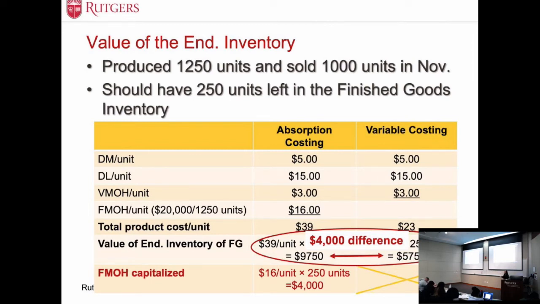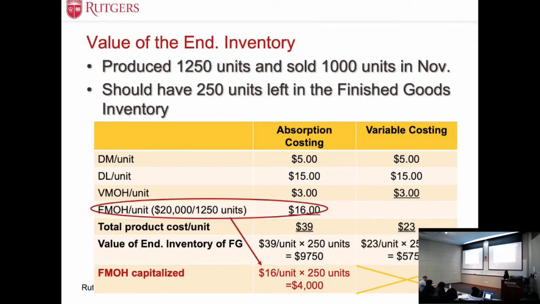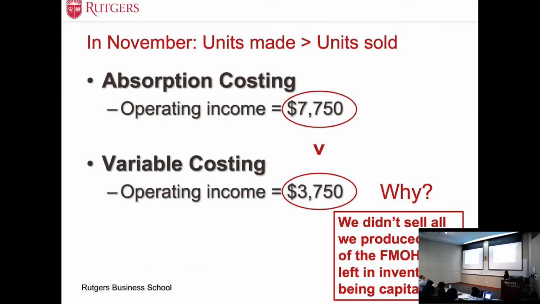Let me repeat: the reason is that we didn't sell as many as we produced, and part of the fixed overhead is left in the ending inventory, being capitalized.